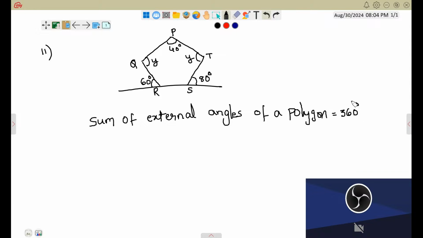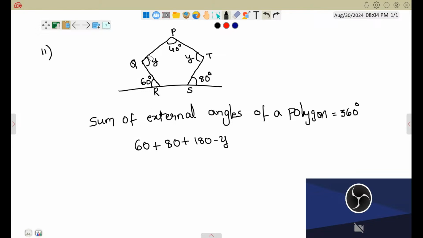Now what are the external angles? If you observe, 60 plus 80 plus 180 minus y. Why is it 180 minus y?